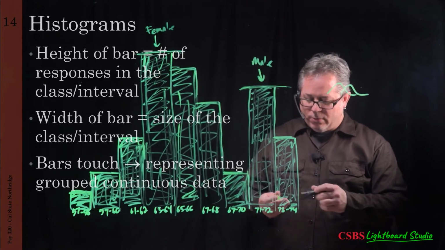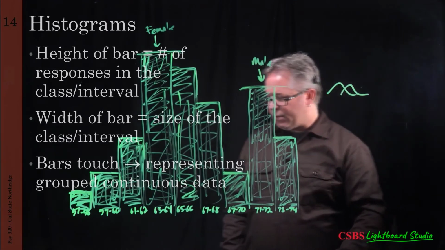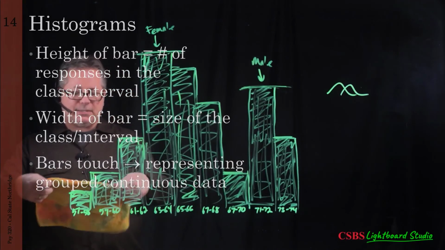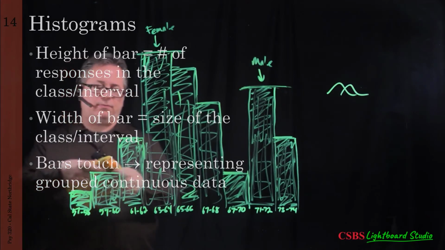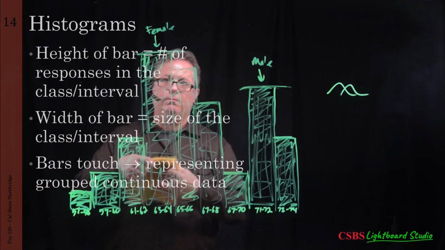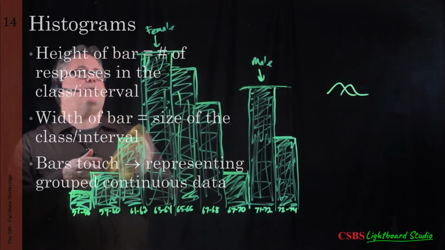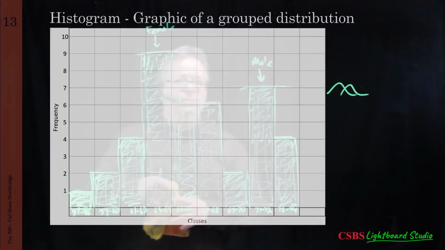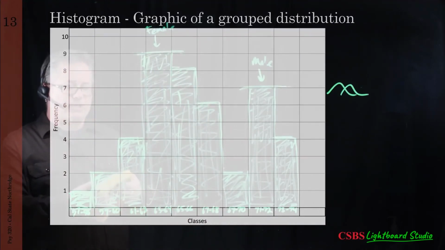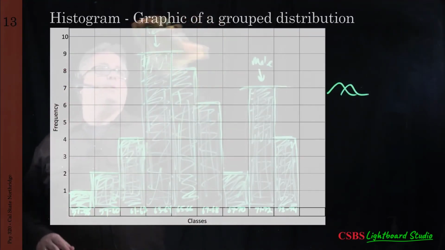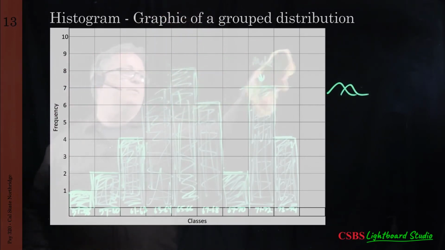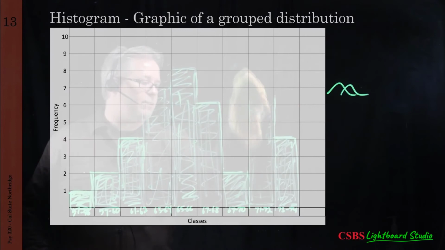So important pieces here concerning histograms. The height of the bar, where the bar falls on the graph, is meaningful in the sense that, on the side we had frequencies here, right? So this is the frequency. Sometimes it might be a percentage that's on the side, but usually the height actually means something relative to the frequency of whatever you're talking about.